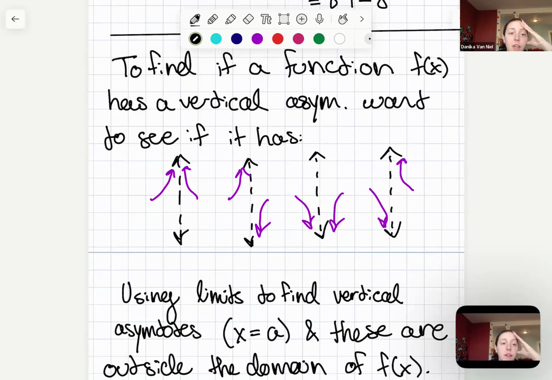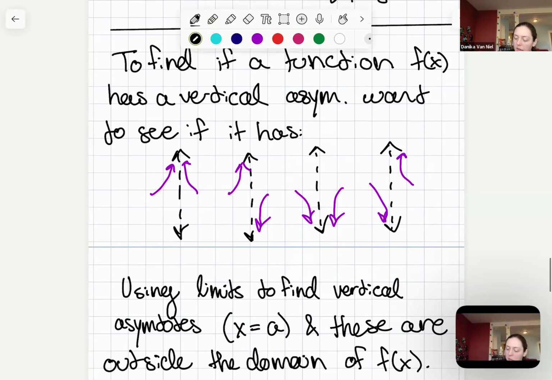So to find if a function f of x has vertical asymptotes, we want to see if it has one of these pictures. Is it shooting up towards positive infinity or down towards negative infinity on one side or both sides? The big tell is, what's outside of my domain?